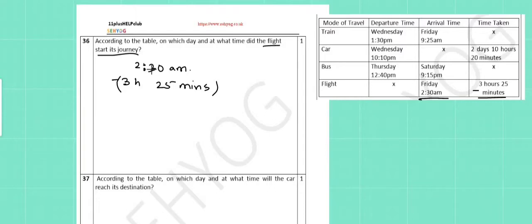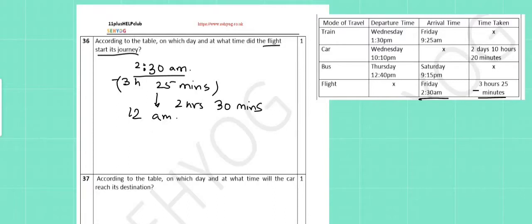Either we can take 24 plus 2 hours and 30 minutes, and from there we can subtract 3 hours and we will get the time. The other way, if I subtract 2.5 hours first, then we will reach 12 a.m.